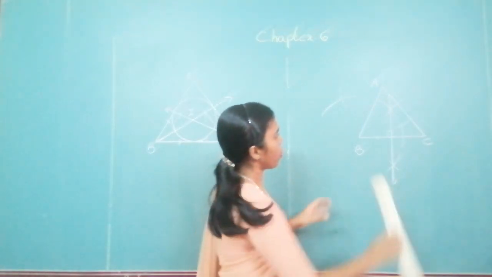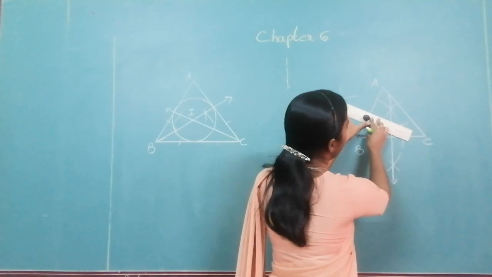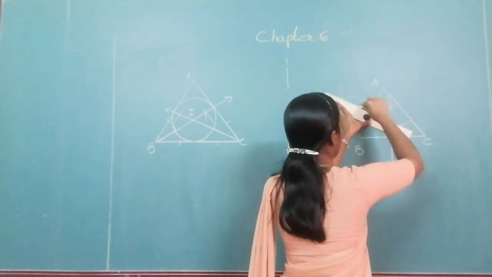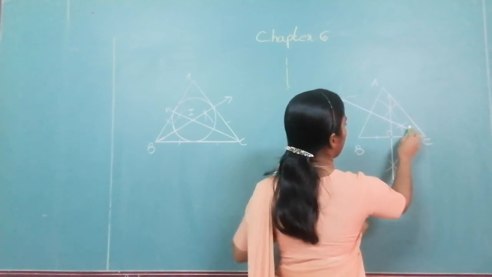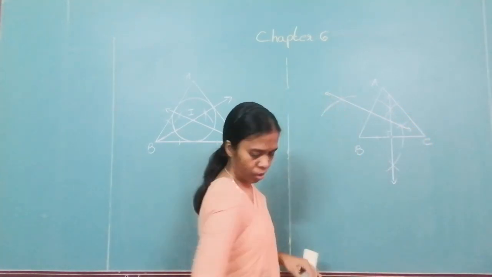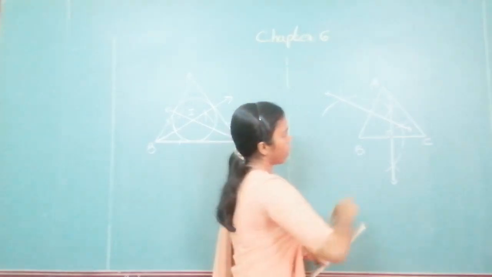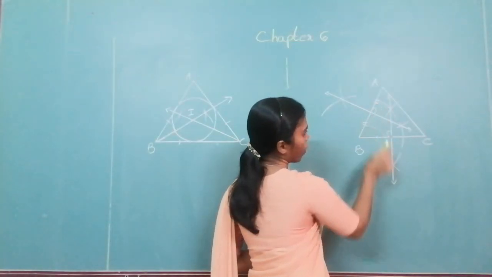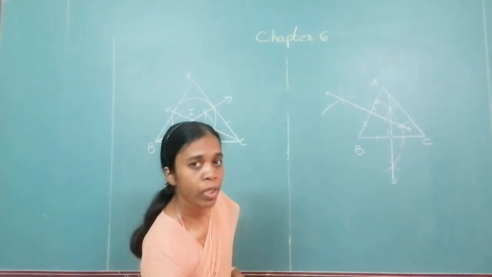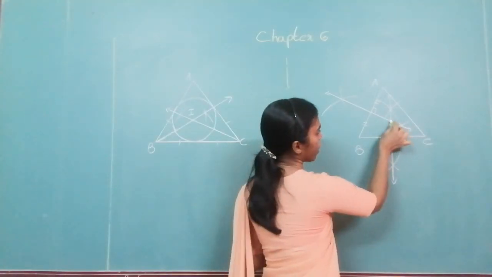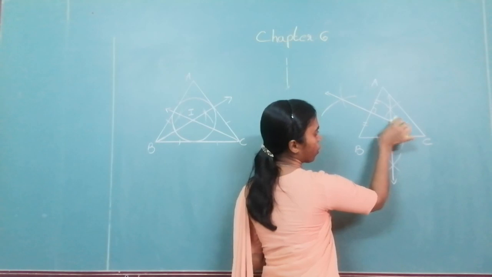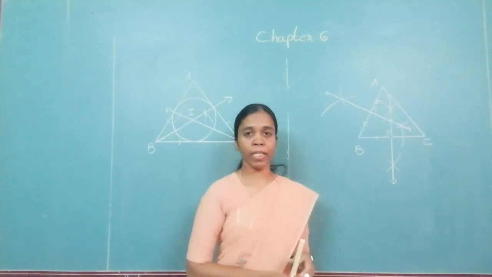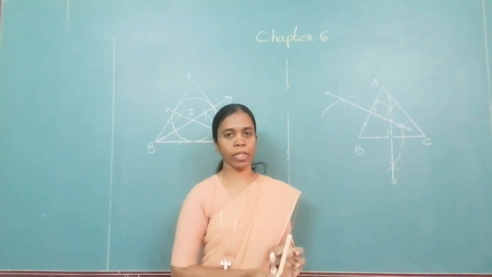Join the intersecting points. You can see that this is again a perpendicular bisector, and both the perpendicular bisectors are intersecting at this point. You can draw for all three sides, but two are sufficient to get a circumcircle.